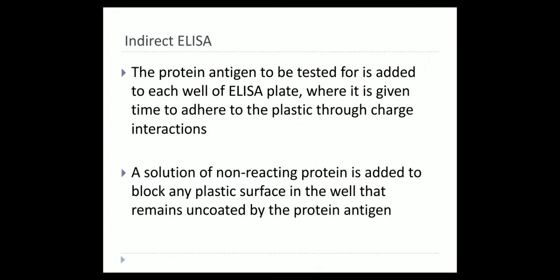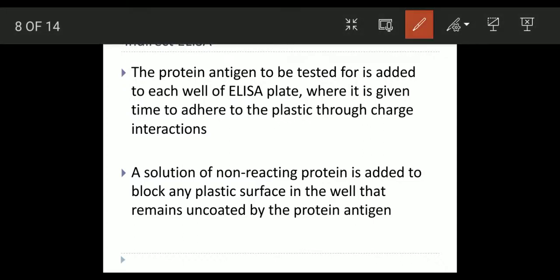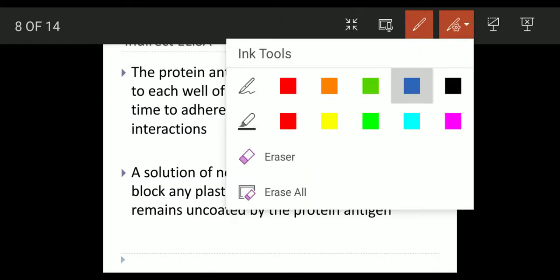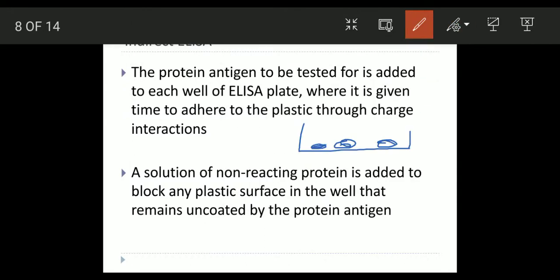Okay, now a solution of non-reacting protein is added to block any plastic surface in the well that remains uncoated by the protein antigen. So what it is saying, guys, is suppose this is the base of the plate and here is our antigen. Here also antigen, here also antigen. And here you can see there are gaps.